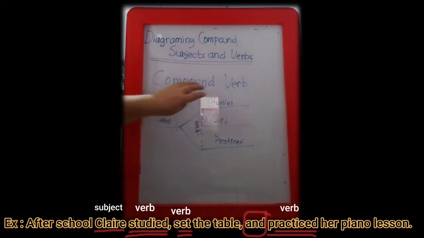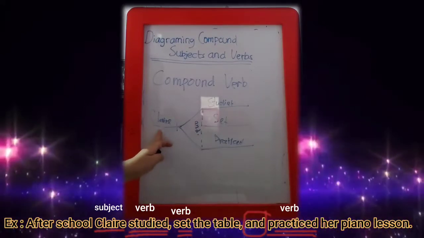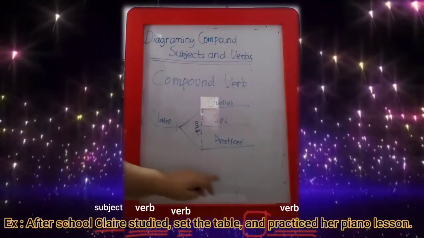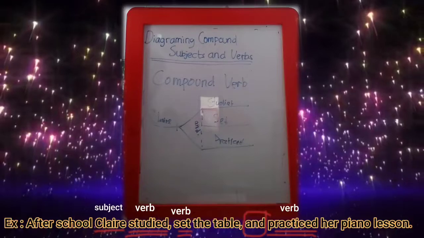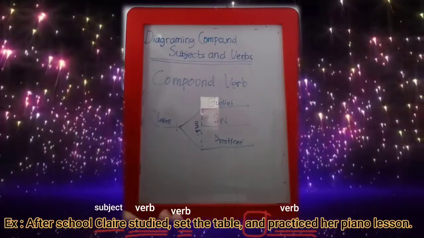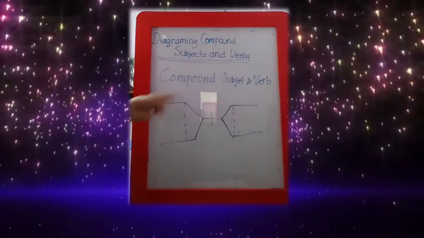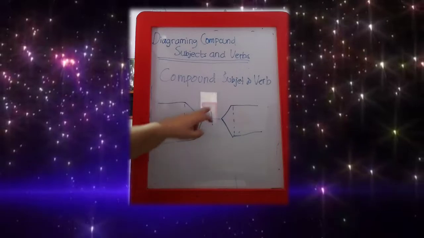Okay, so in a compound verb, we change the rocket and we put the subject on the left side and then the verbs on the right side, and then the joining word inside the triangle. Next, we are going to compound subject and verb. In this compound subject and verb, we draw like a twin rocket.